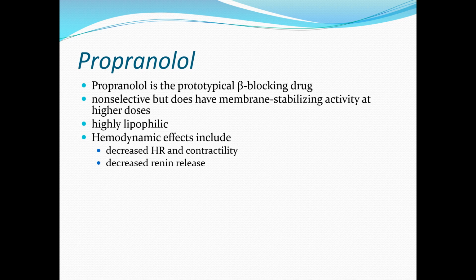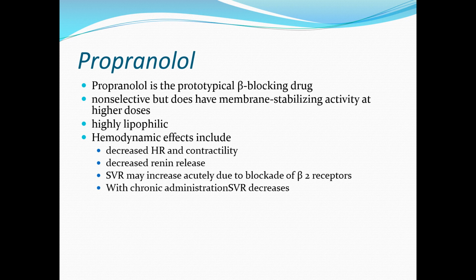Also decreased renin release, and systemic vascular resistance may increase acutely from the beta 2 receptor blockade. And when you give it chronically, you get decreases in SVR. And this is secondary to the decrease in renin release and probably decreased central sympathetic nervous system outflow.